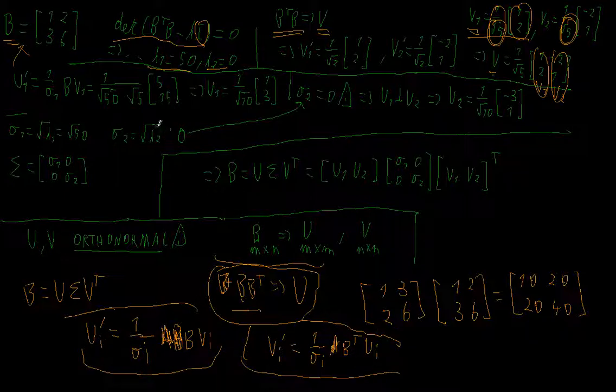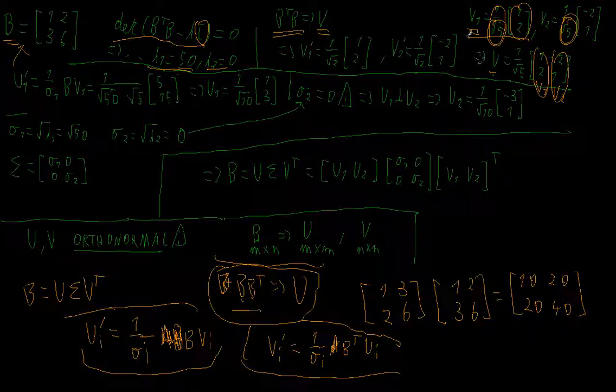In this case, sigma sub 1 is the square root of the first eigenvalue, so the square root of 50. So we have 1 over square root of 50 times our matrix B times V sub 1.